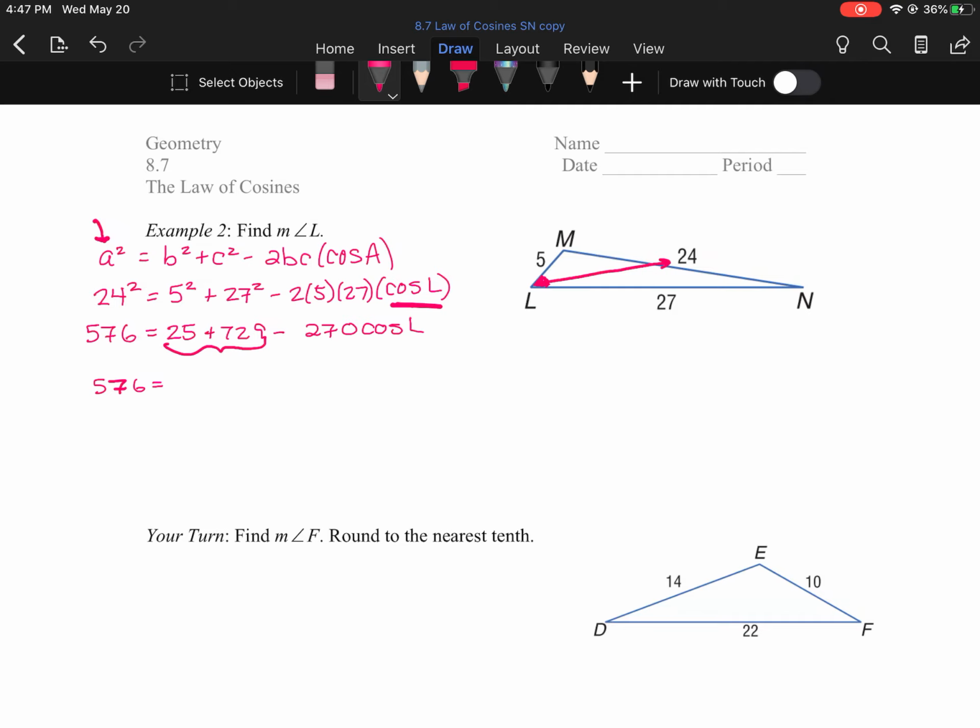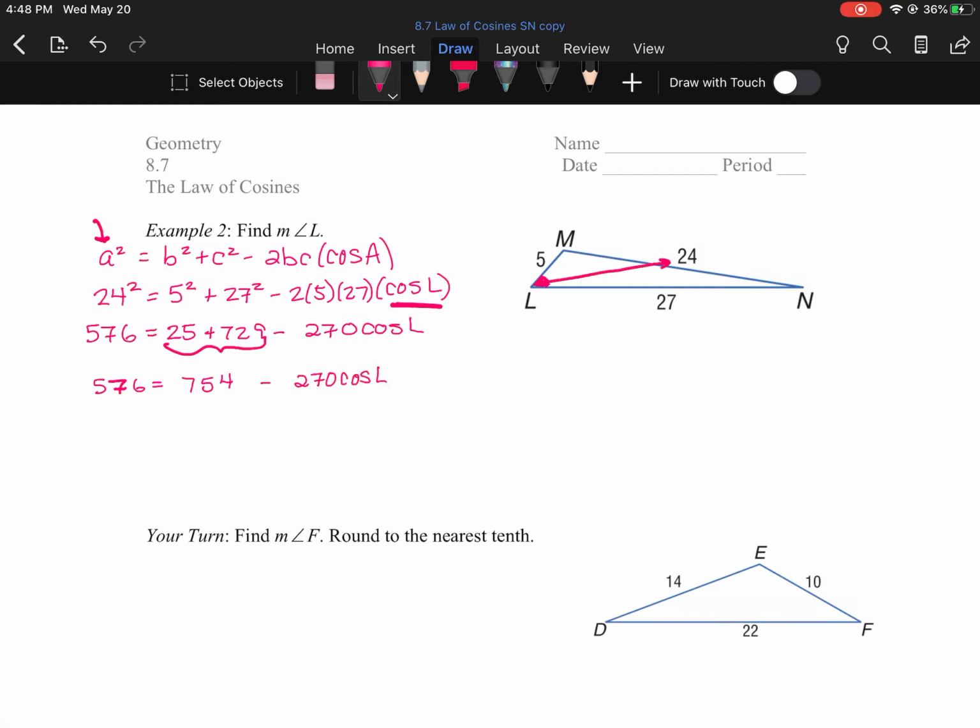So 576 is equal to 754 minus 270 times the cosine of L.